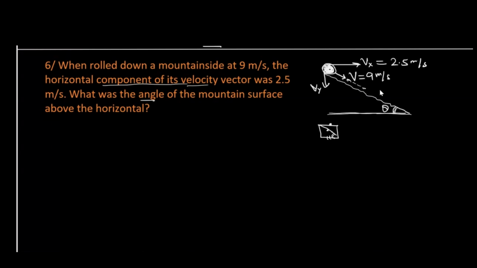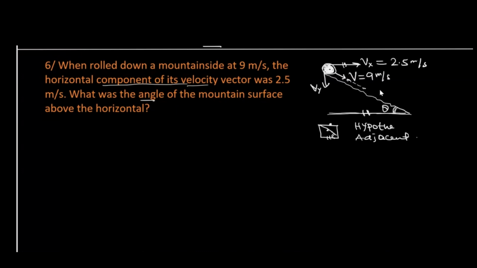So now remember, the hypotenuse of the triangle is given. And what else is given? The adjacent side is also given, because this is the angle, and this is the horizontal component. The horizontal component is the x component. By vector transformation, from this triangle, this Vx is just this Vx. So I have these two given.